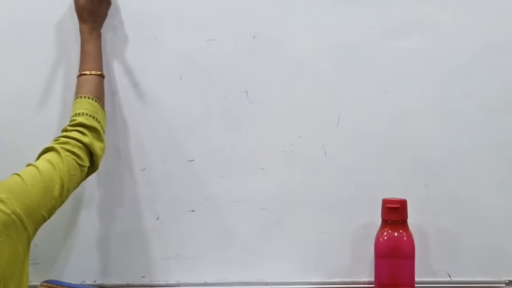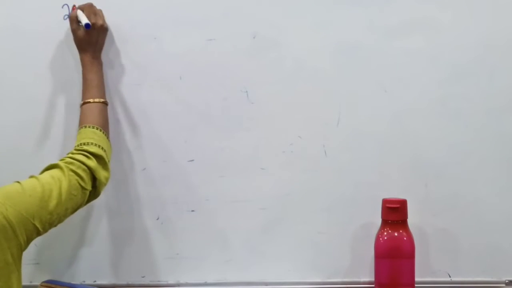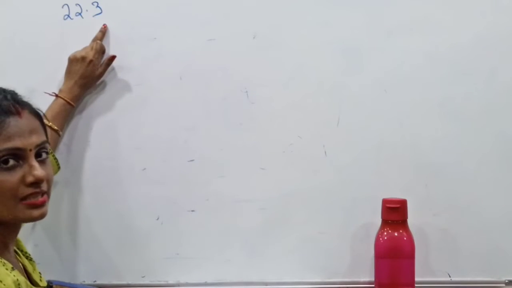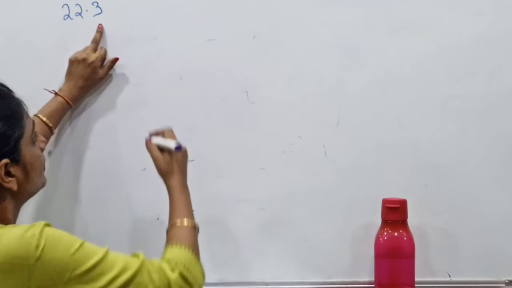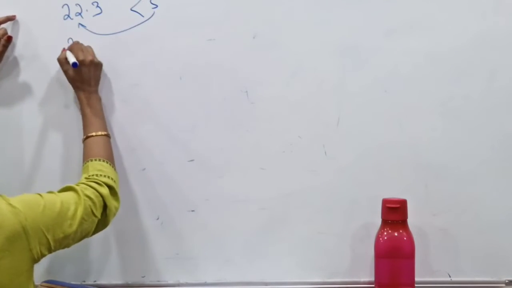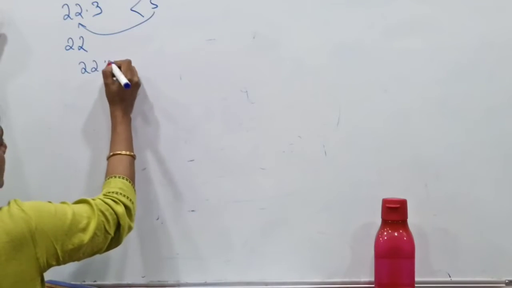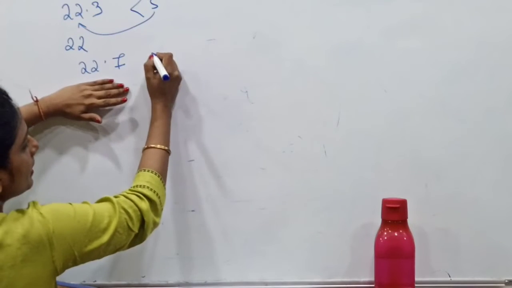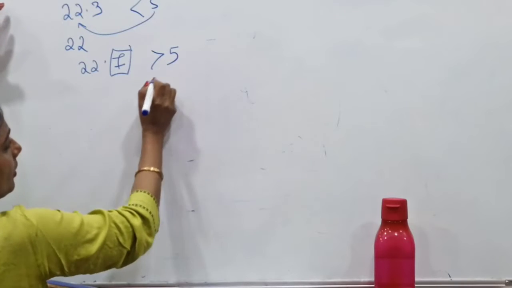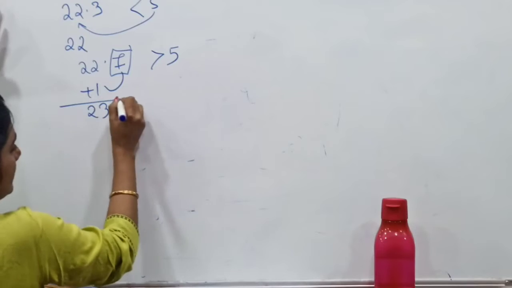Approximation. Suppose the number is 22.3. The number after the point is 3, which is smaller than 5, so we will round it to 22. We will not take 0.3. If suppose it is 22.7, this number after the point is greater than 5, so we will add 1 to 22, that is 23.